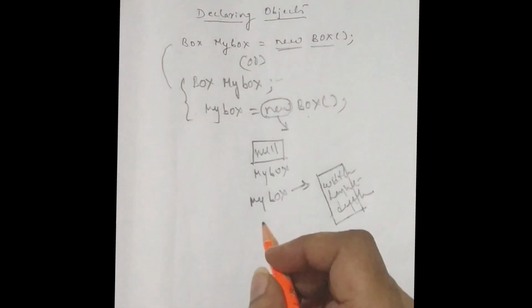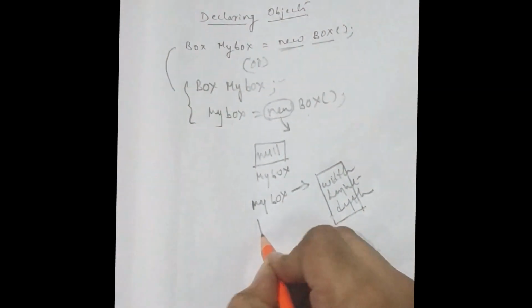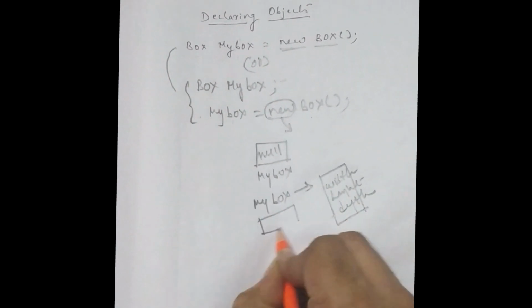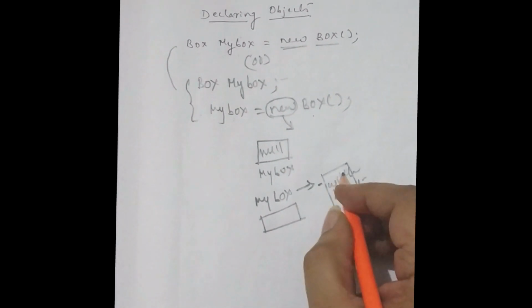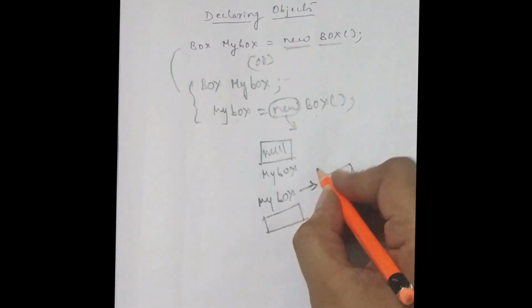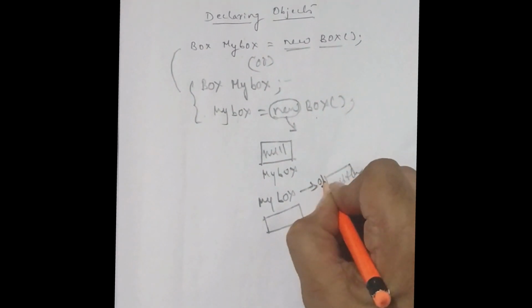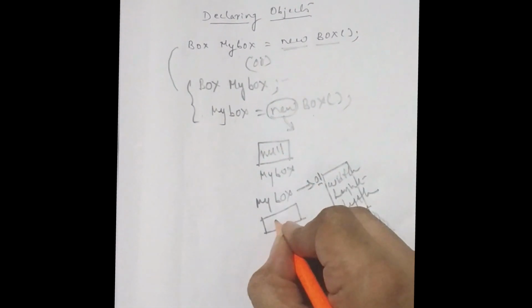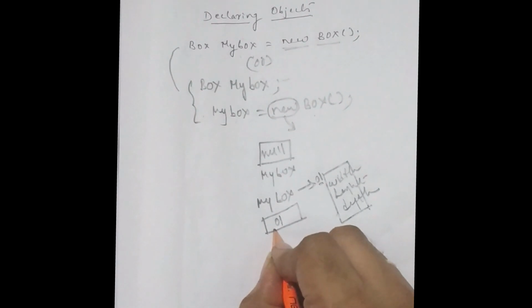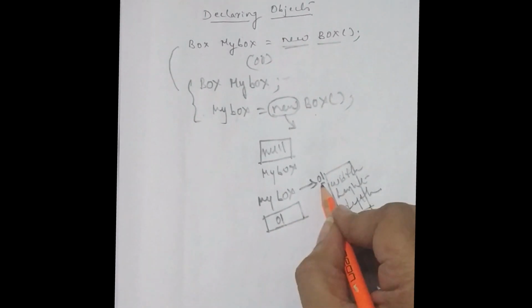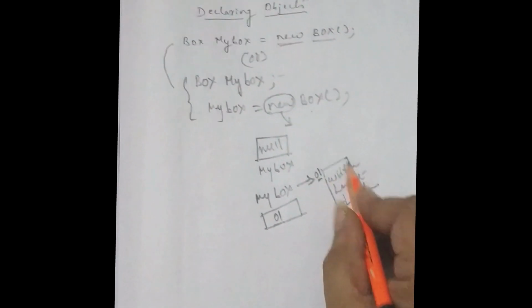And one more thing, this myBox contains the starting address of this memory location. Let us assume the memory is starting from 01, then myBox contains the value 01. This 01 refers to the starting address of this object.